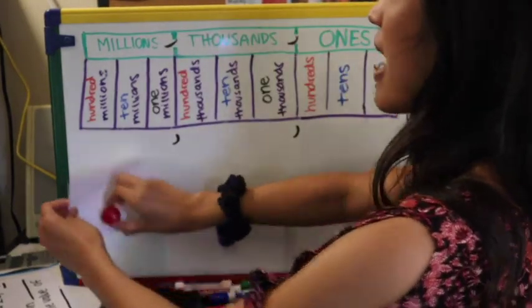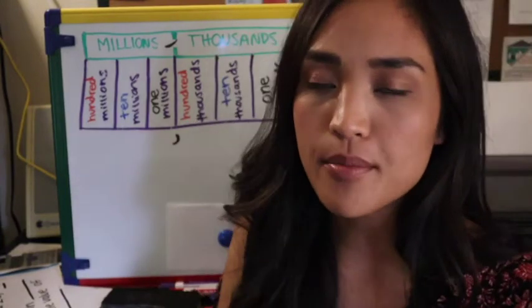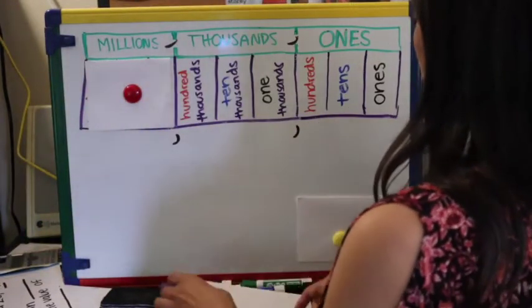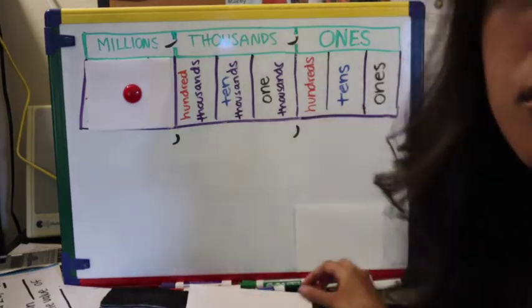Okie dokie. For this lesson I'm going to cover up the millions, and we're going to focus on the thousands and ones periods. Alrighty, so now you know that within each period there's a ones, tens, and hundreds.